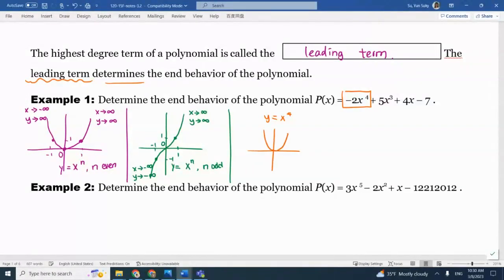So you start with x to the fourth. It looks like this. And then remember, when you multiply by negative 2, what are you doing? What does the negative do to it? A reflection over the x-axis, right, everybody? You remember if the negative is in front of the x, then it's a reflection over the y-axis. If the negative sign is in front of the whole thing, then it's a reflection over the x-axis. What happens with the 2?